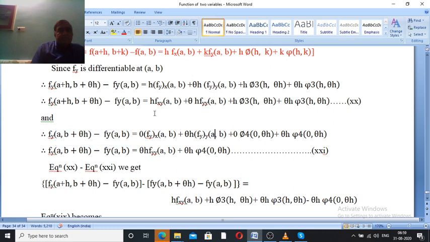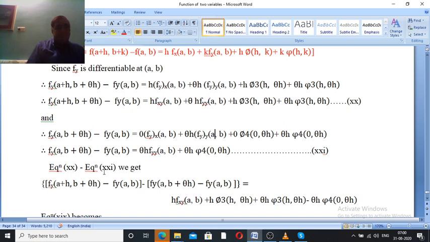As per the definition of a differentiable function at point (a, b), here we take the function fy to be differentiable at point (a, b). 0 times fyx at point (a, b) plus theta h fyy at point (a, b) plus 0 times phi 4 of (0, theta h) plus theta h psi 4 of (0, theta h). We write this expression as per the definition of a differentiable function at point (a, b).